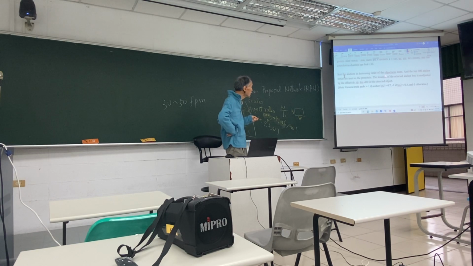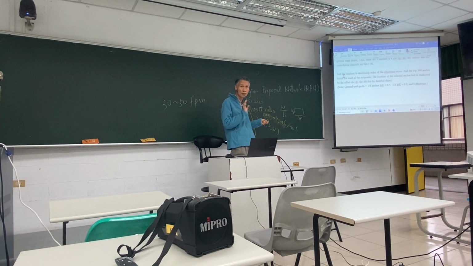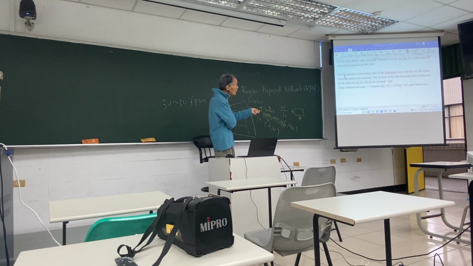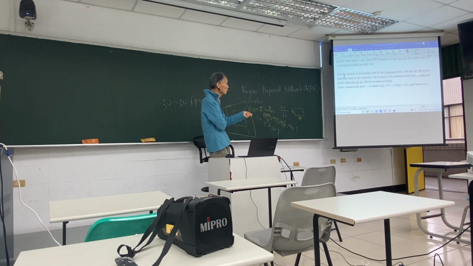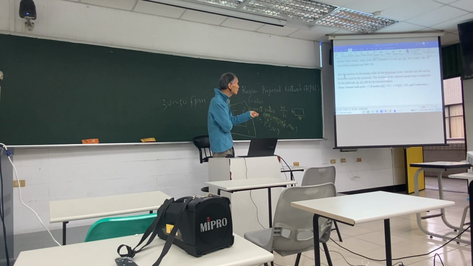Based on their object score, it just retains the top 300 anchor boxes and uses them as the proposals. That's its original idea: just maintain 300 anchors. Then the location will be refined by the offset.